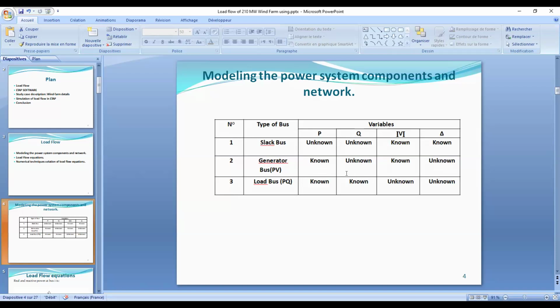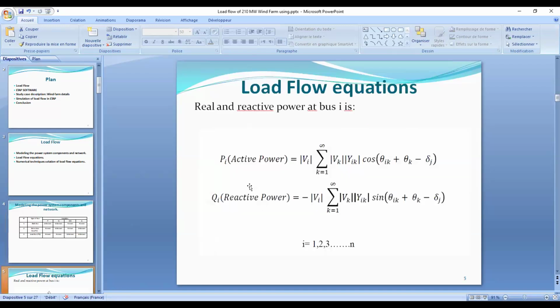We have two parameters known and two parameters unknown. The first step in performing a load flow assessment is to form the Y-bus admittance matrix using the transmission line and the transformer input data. The nodal equation of the power system network using the Y-bus can be written as below.